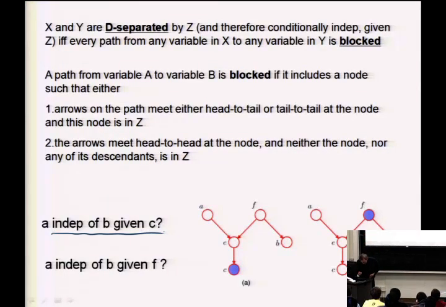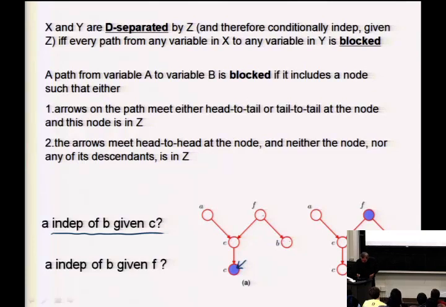Is A independent of B given C? No, because the descendant of node E is observed, and therefore it doesn't allow E to block this path.